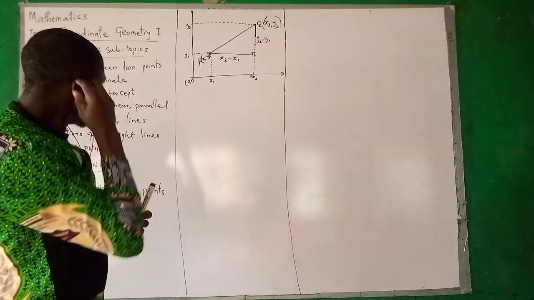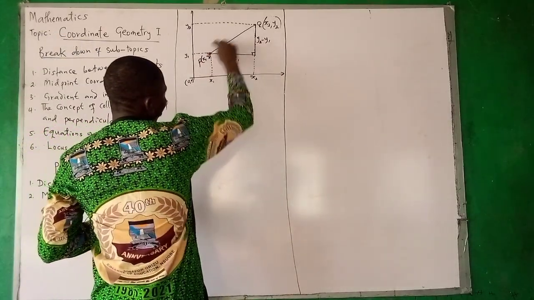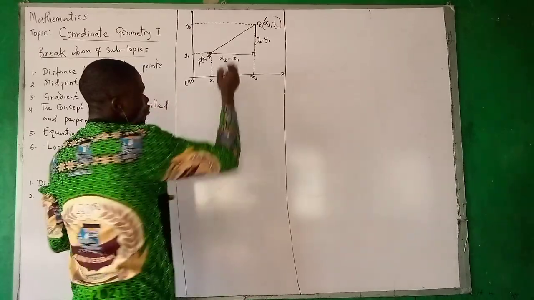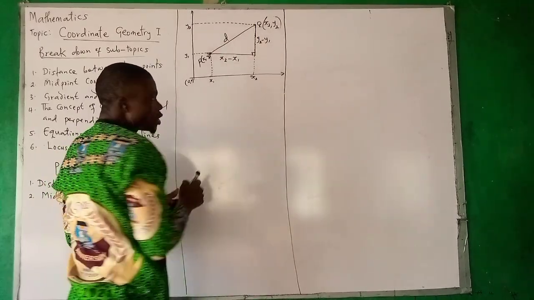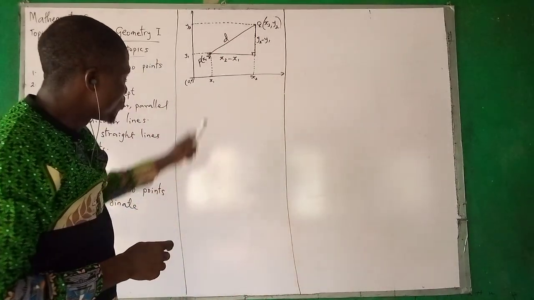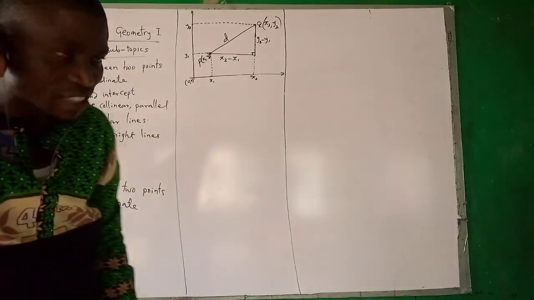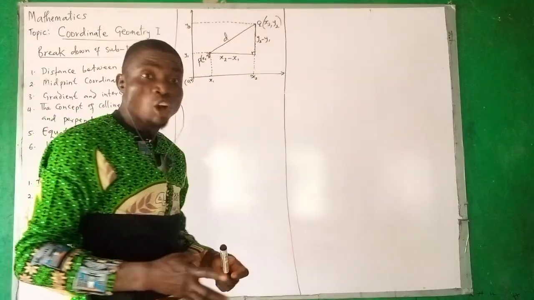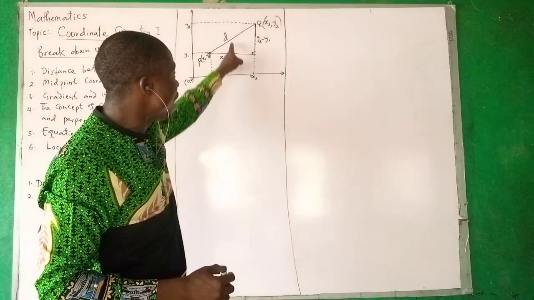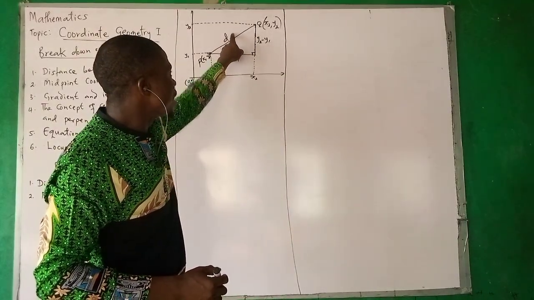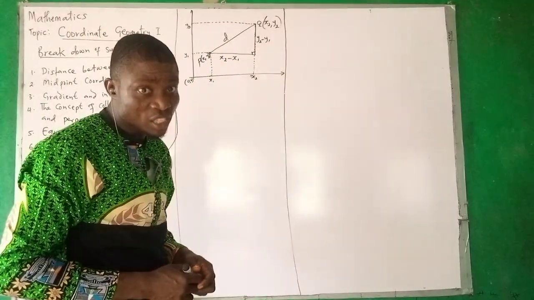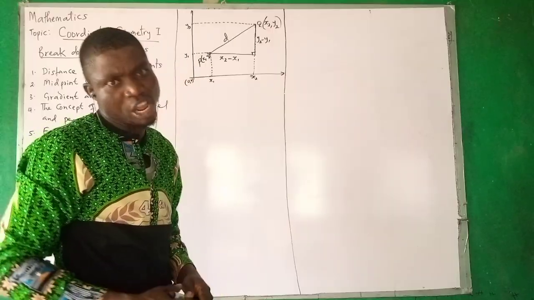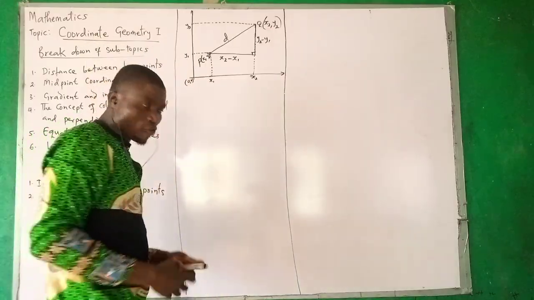Now, you see that we are looking for PQ, right? Let me use D to represent PQ, the distance between P and Q. Now, according to Pythagoras theorem, you can get the value of this side. This side is called the hypotenuse, the longer side of a right angle triangle. And of course, you know the formula for that.